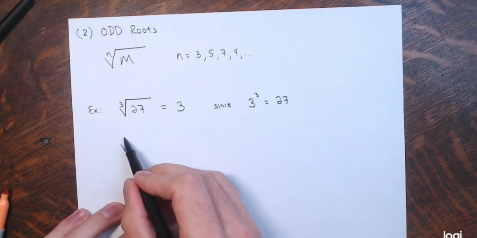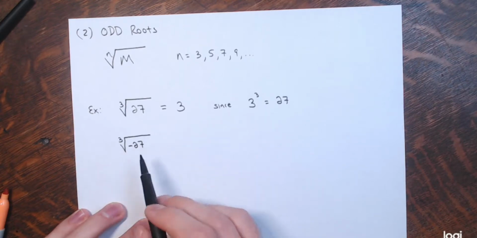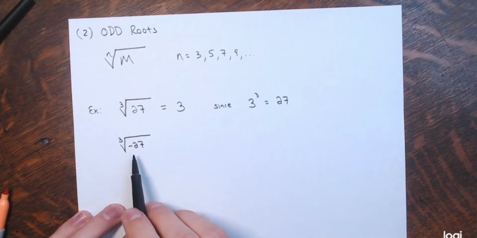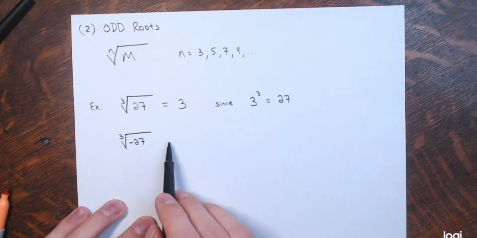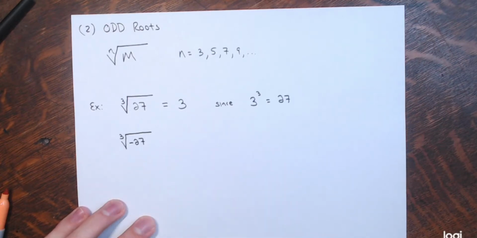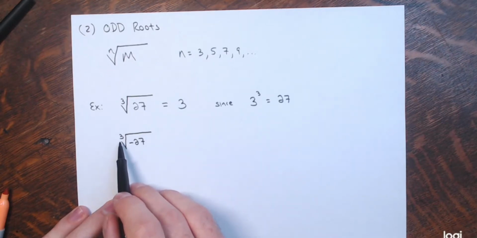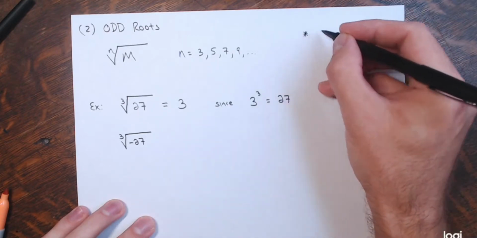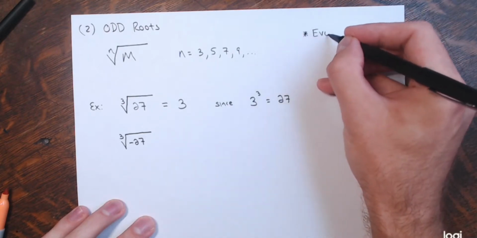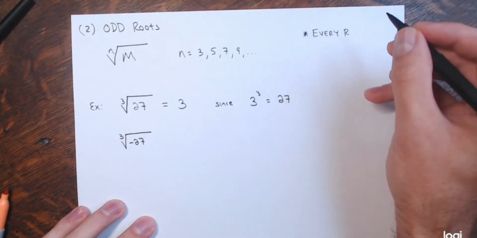Well, how about the cube root of negative 27? Now, remember earlier, if this was the square root or fourth root or sixth root of negative 27, we couldn't do it. That would be not real, imaginary. But odd roots are easy. Every real number, and I'll put this note off to the side here, every real number has exactly one odd root.